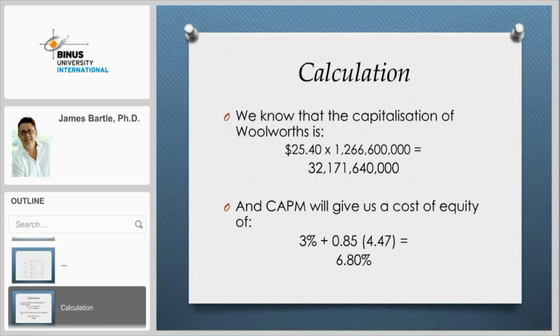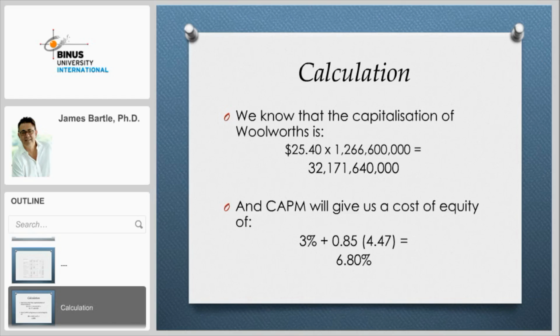Most analysts and research houses calculate that 0.85 over 10 years. They're actually assuming that you're going to make a 10-year investment. If you're going to make a 5-year investment, you have to find the 5-year beta, and that can be a little bit more difficult. So what I have done is assume that you and I are really interested in investing in Woolworths for 10 years.